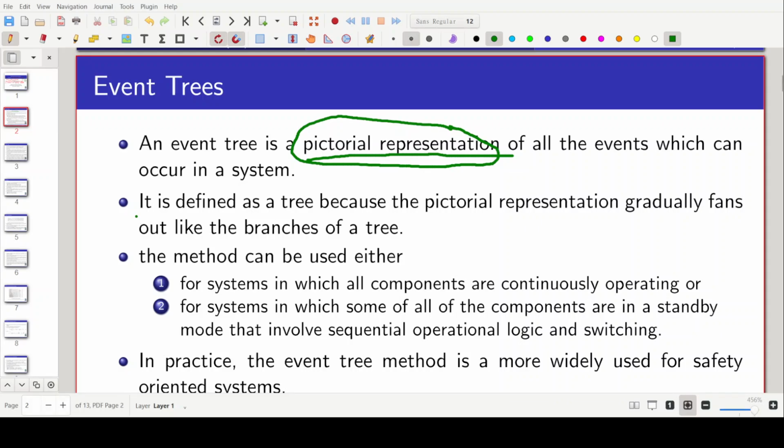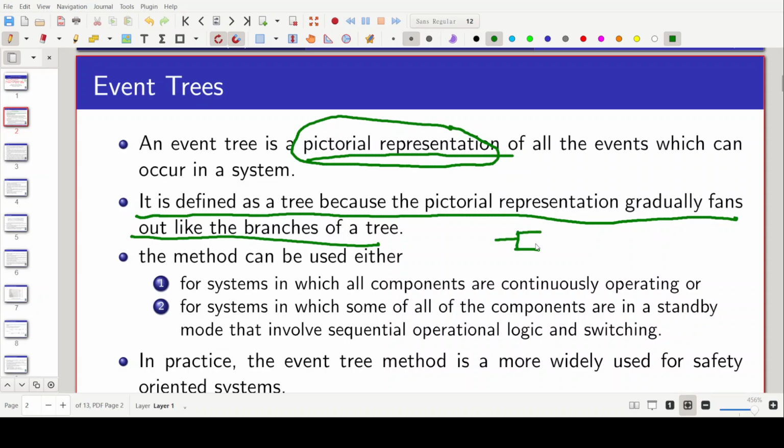It is defined as a tree because the pictorial representation gradually fans out like branches of the tree. So as we will see, one event, what other possible events, what other possible events. So just like branches of the tree, it fans out. Okay, this is called fanning out. Therefore it is defined as a tree.